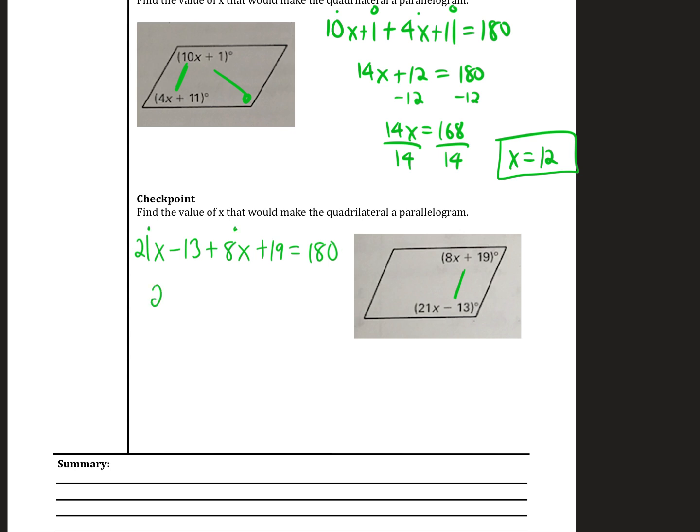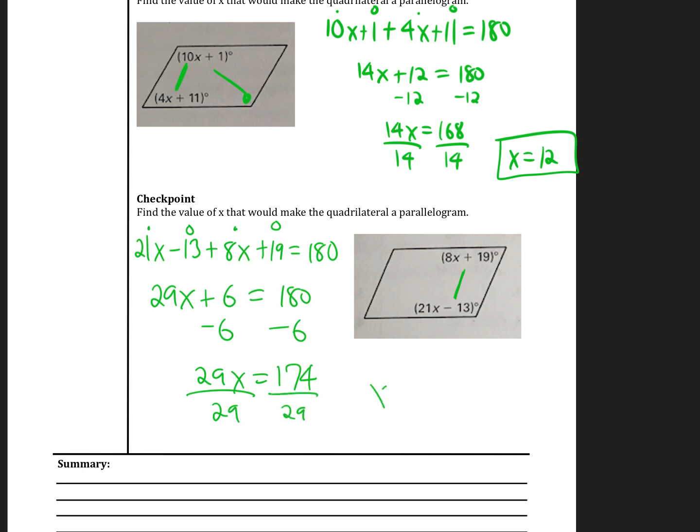We get 29x plus 6. Equals 180. Subtract 6. 29x equals 174. Divide by 29. Get x equals 6. And there we go.